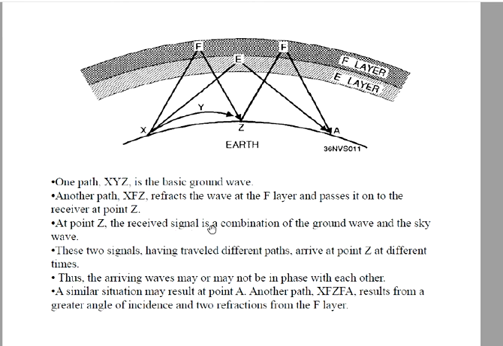So the received signal is a combination of this ground wave and this sky wave. These two signals have different paths and arrive at point Z at different times.